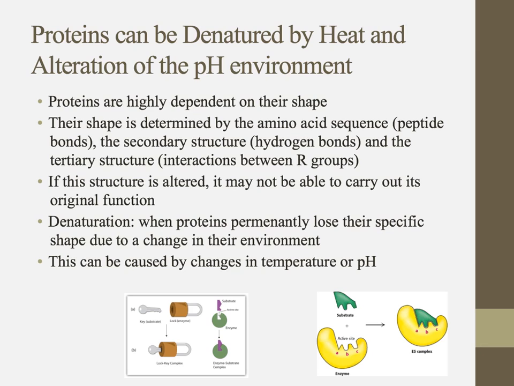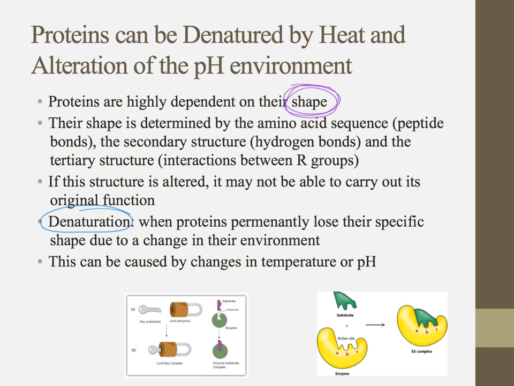Okay, now I said before that proteins are highly dependent on their shape, and they are. That's totally true and legit, okay? That shape is determined by a lot of different things, by the sequence of amino acids, okay, by the hydrogen bonds and their secondary structure, okay, and by the R group interactions in their tertiary structure. If you do anything to screw this up, if you're altering that structure in any way, that protein may not be able to carry out its original function, and that's what we call denaturation.